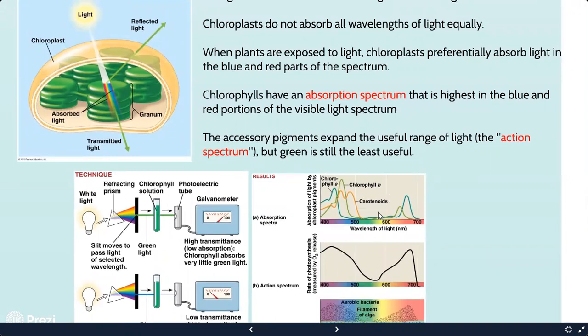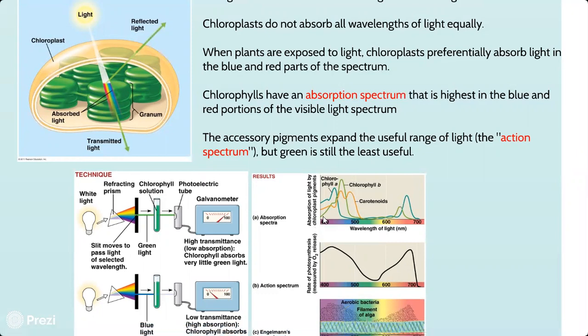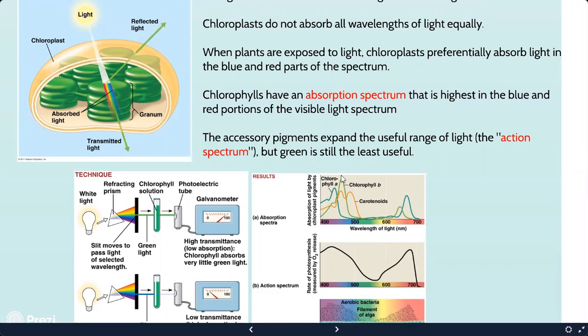So on the right here, this one is an absorption spectra. Spectra is plural for spectrum. You can take scientific instruments and measure what quantity of each wavelength is being absorbed, and then it makes these graphs. So you can see chlorophyll A is here.